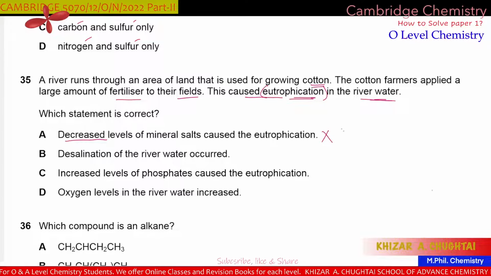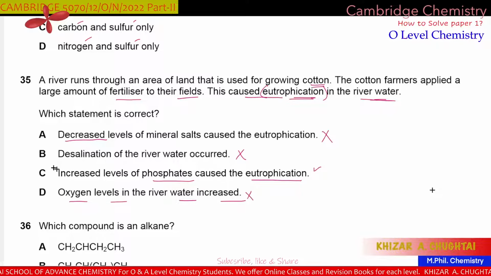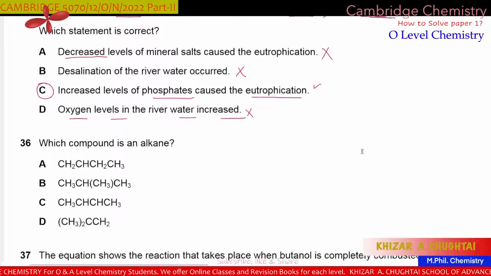No, a decreased level of mineral salts cannot cause this phenomenon. Desalination of the river water occurred. No, there is no desalination. Increased level of phosphate caused eutrophication. Yes, it is true. However, let me check D as well. Oxygen level in the river water increased. No, it is decreased. So it is confirmed that C is the correct option.